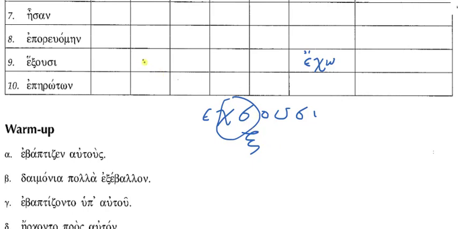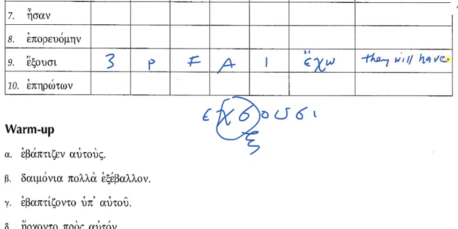Okay, good. You see it clearly. Which person and number is usi? Third plural. Excellent. And so we got future active indicative. You're sure that's active? Not middle? Yeah. Okay, good. All right, and then how would you translate it? They will have.